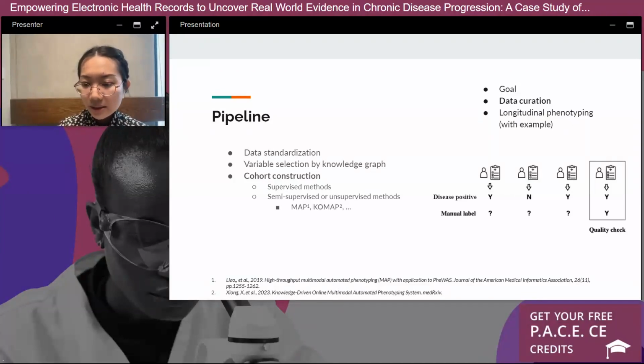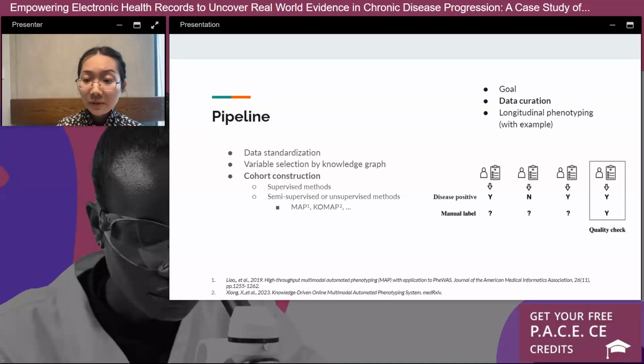Usually, because different diseases come with a certain ICD code, you could say, how about I just take that diagnostic code, and if a patient has a diagnostic code for that particular disease, then I would say that patient has that disease.